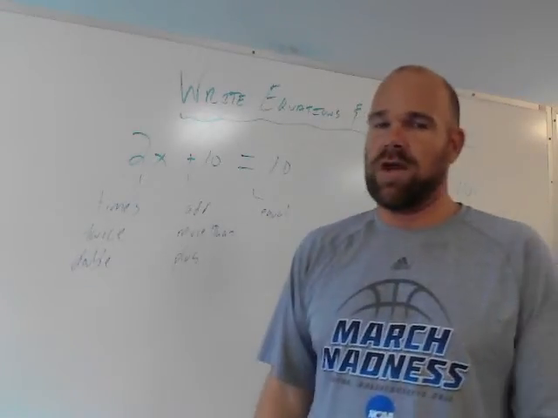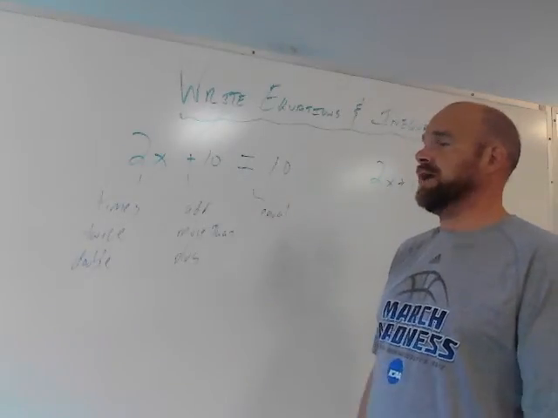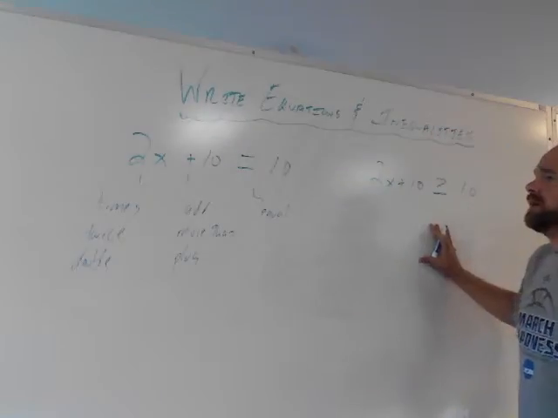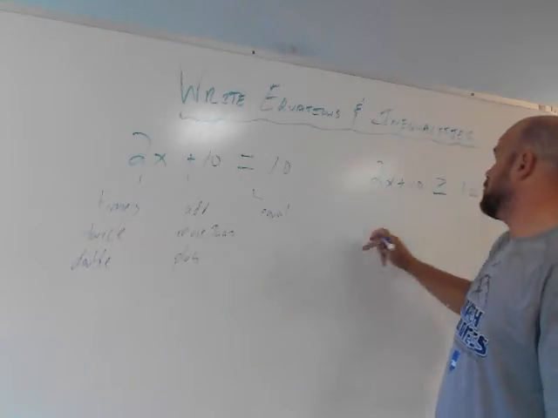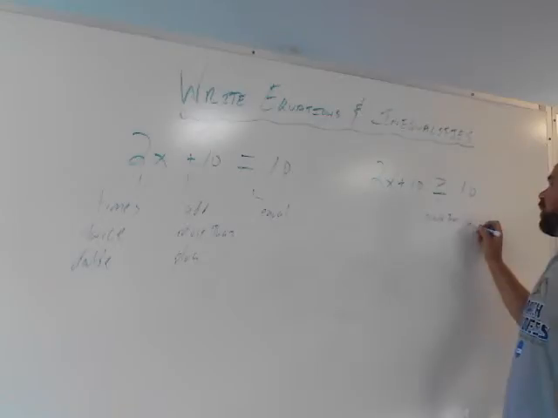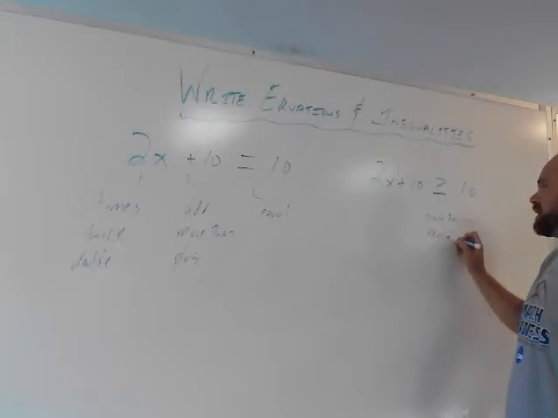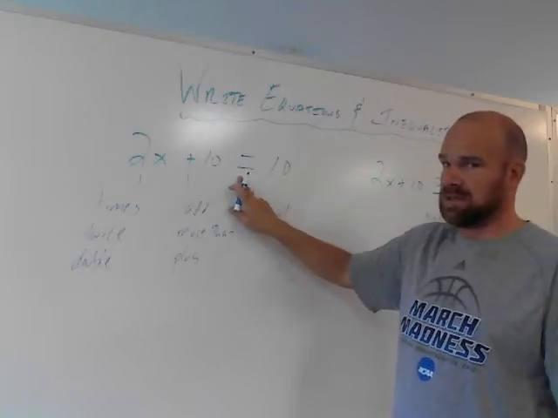So there is an example of how you would do this. When you go over to the inequality, the same words apply: times, twice, double, add, more than, plus. But right here, greater than or equal to is going to come in, because that symbol is different than this.